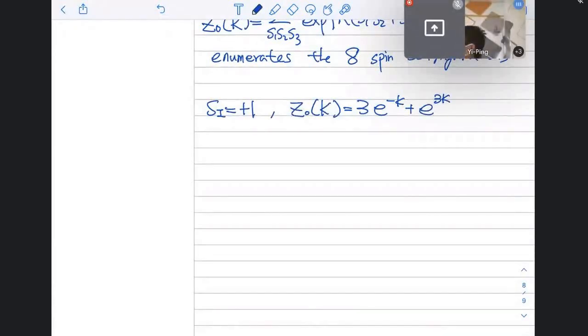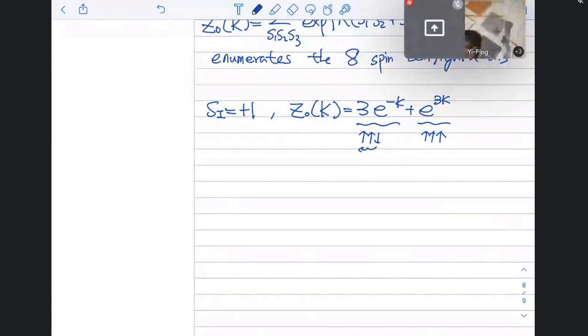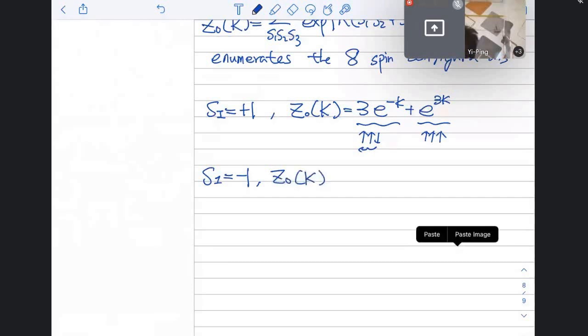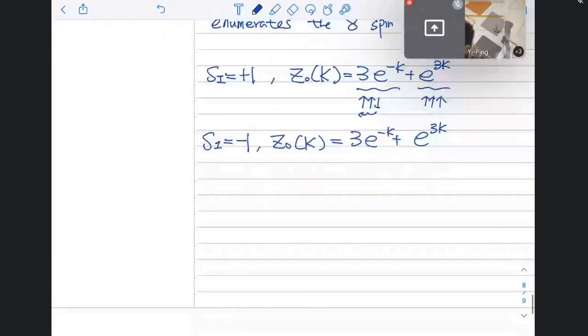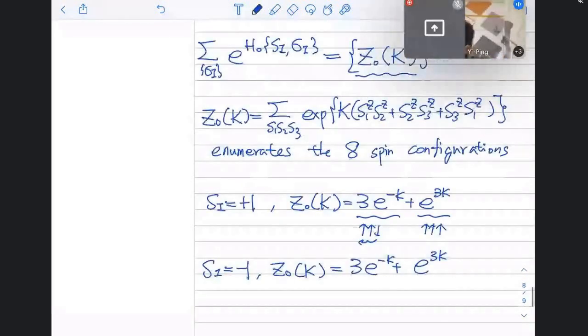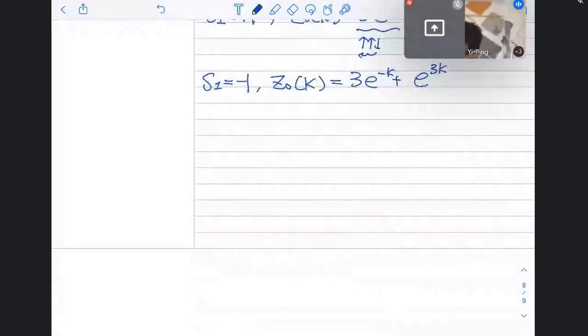This comes from the 3 spins up, and this comes from the 2 up 1 down permutation, and there are 3 configurations of that. For the block spin equal to -1, you basically flip all the spin configurations, but because the Ising coupling is Z2, you get the same. So this calculation for Z0 is not difficult. We'll just take it as known.